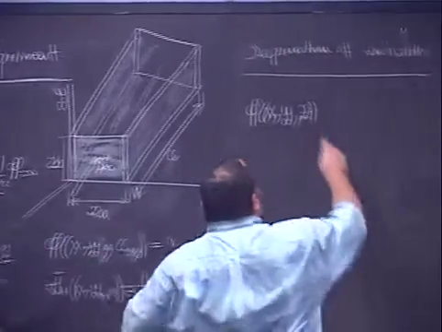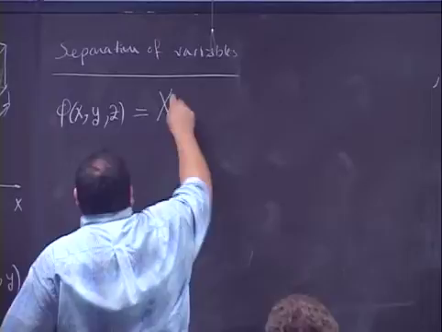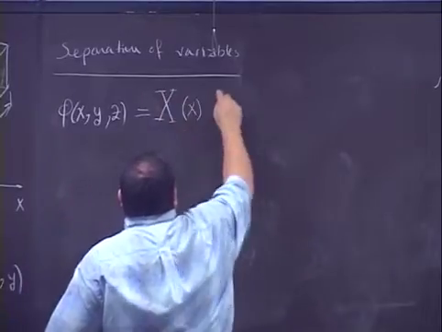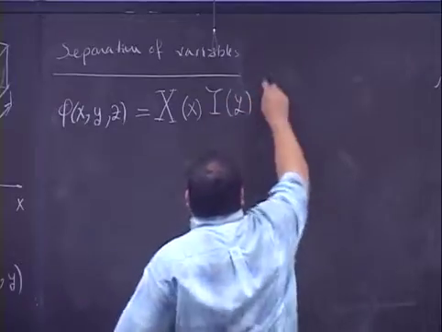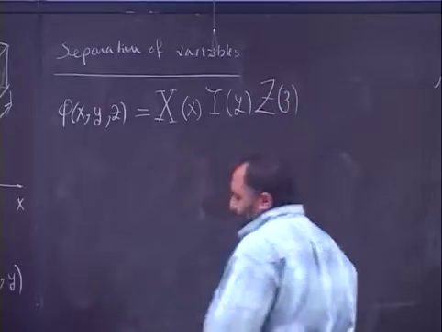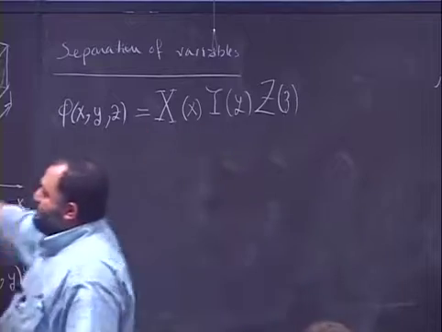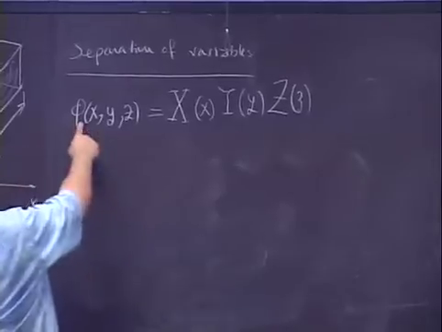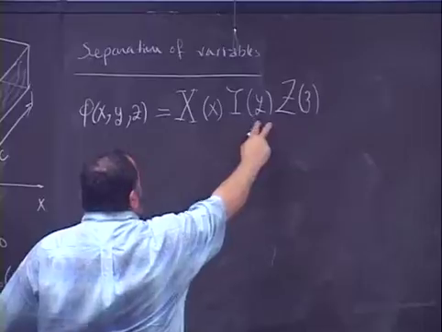So you will say that I will assume that my flux as a function of x, y, and z is a function called X, which is only a function of the coordinate x, and another function Y, which is only a function of the coordinate y, and a big function Z, which is only a function of the coordinate z small. Then when you substitute here, if you differentiate twice with respect to x, this will give you d2X capital by dx small square, and you will have those as constants.